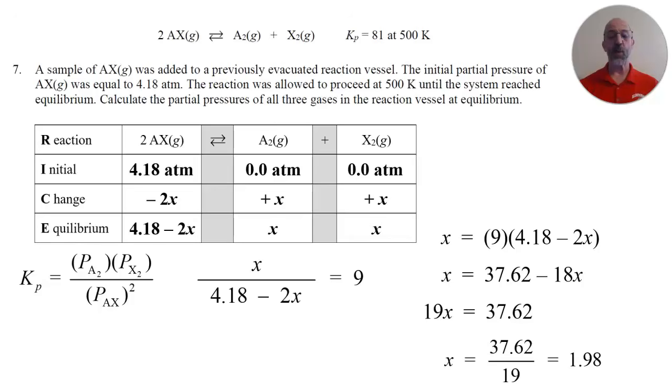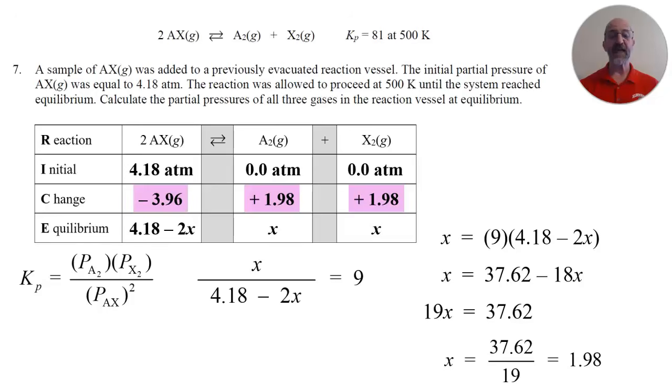So I will take the 1.98 and fill it in terms of x in the change row of the RICE table. So there's plus 1.98 for the increase in the partial pressure for each of the products, and then 2 times 1.98 is equal to 3.96. So the change is minus 2x, and that becomes minus 3.96.